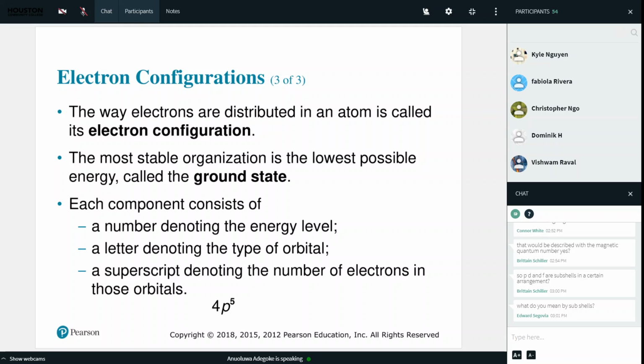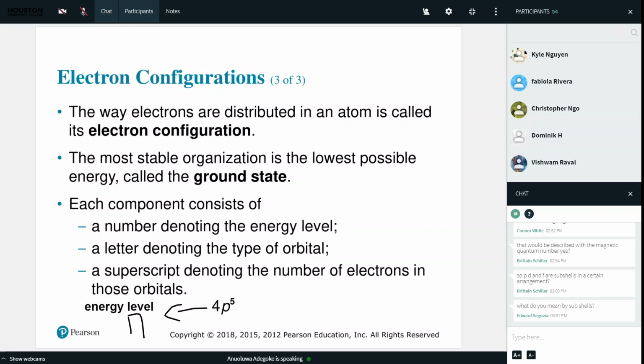So 4p5 is an electronic configuration where 4 represents the principal quantum number n. So this represents the energy level.